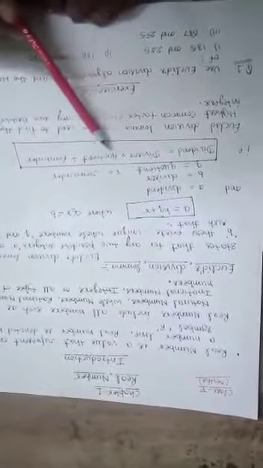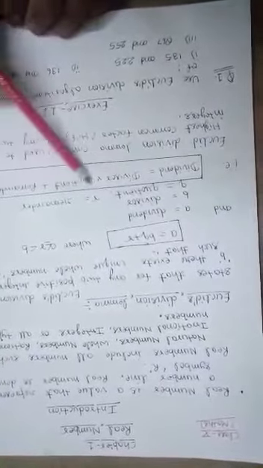That is, dividend equals divisor into quotient plus remainder. This formula is Euclid's division lemma.